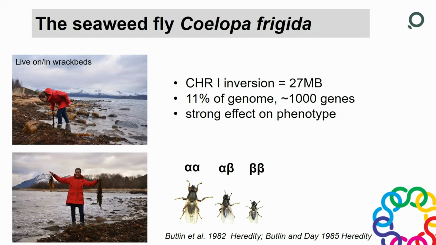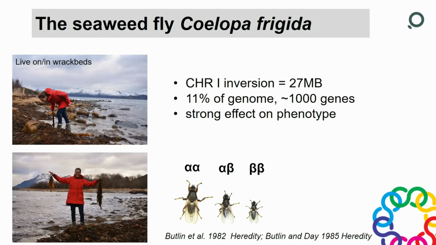So you see here some flies, and these are males, and the inversion is called either alpha or beta. So you have the alpha form or the beta form. And if you have homokaryotypes that are carrying both of the alpha forms, they are 3 times as large as the homokaryotypes that are carrying the beta form.